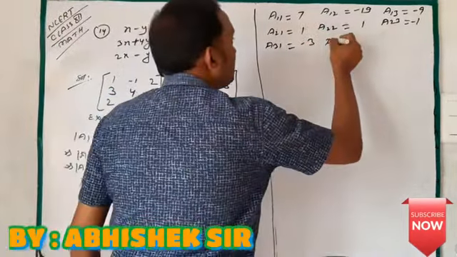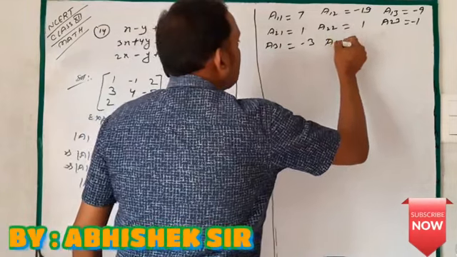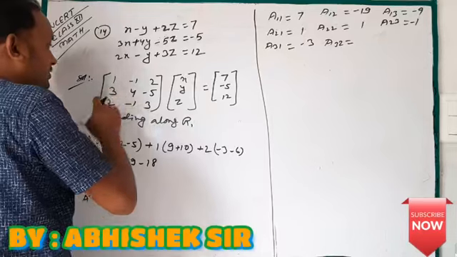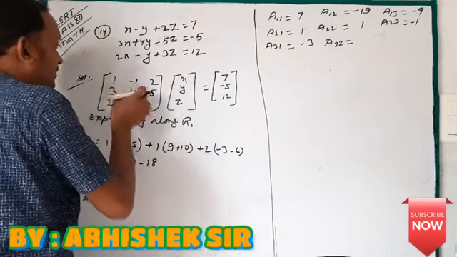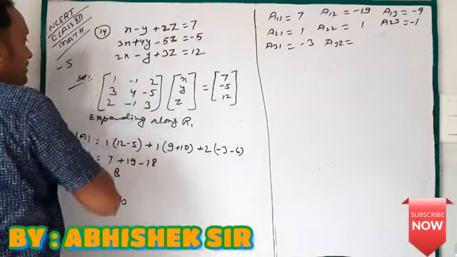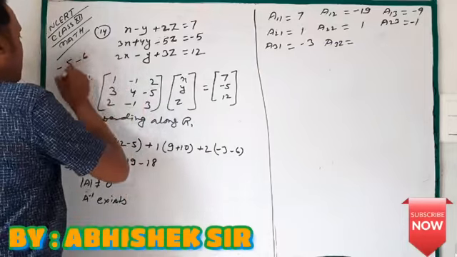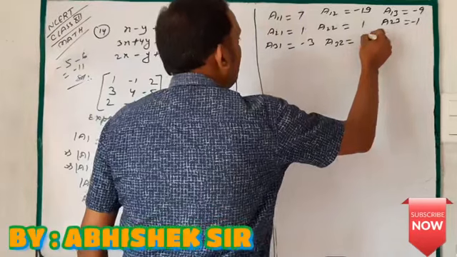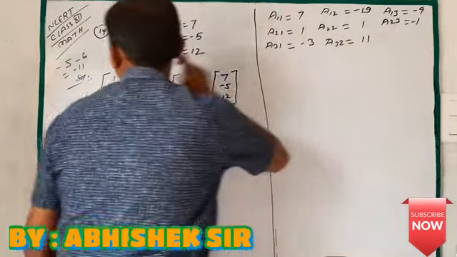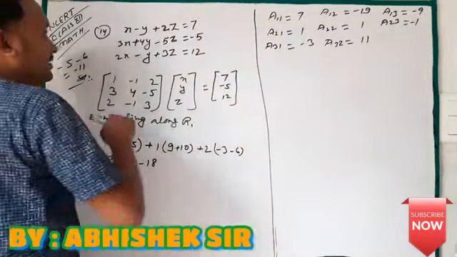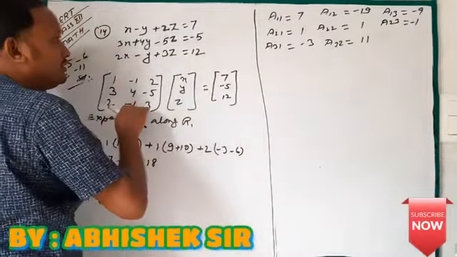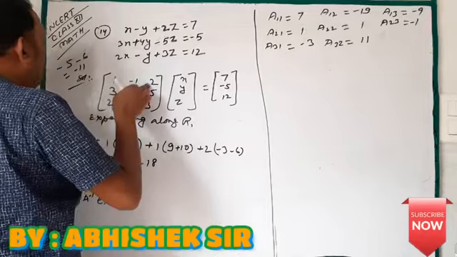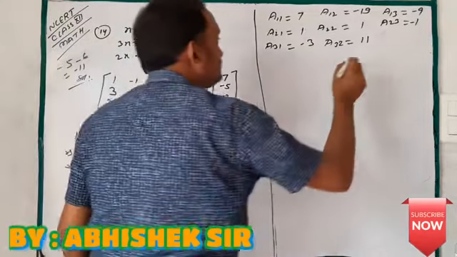A32. Third row, second column, minus 5, minus 6, minus 11, 3 to 5, negative place, negative negative positive. Third row, second column, minus 5, minus 6, minus 11.